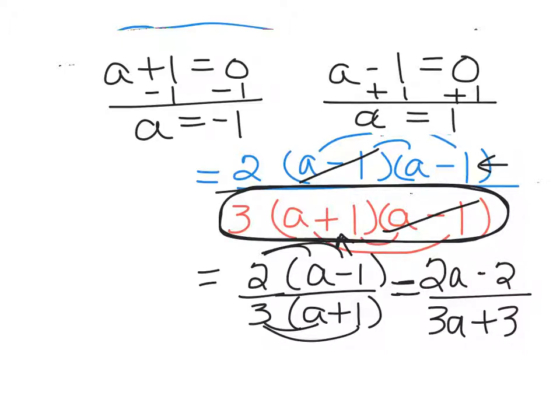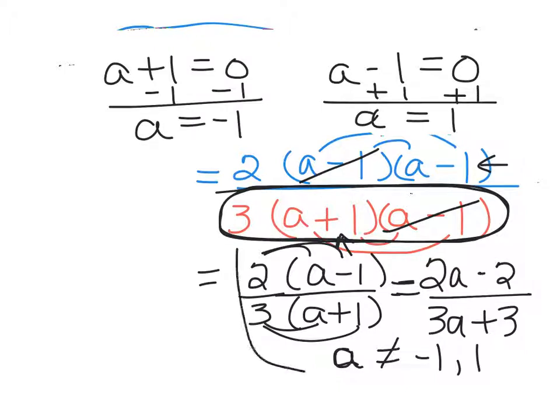So when a is negative 1, my denominator will be 0. And when a is positive 1, that makes the denominator 0. So my excluded values, I'm going to come back down to the bottom, are a cannot equal negative 1 or positive 1, because when it does, it'll make that denominator 0.